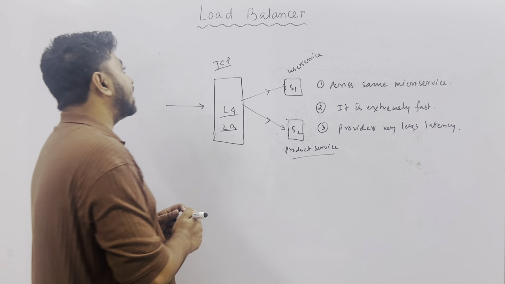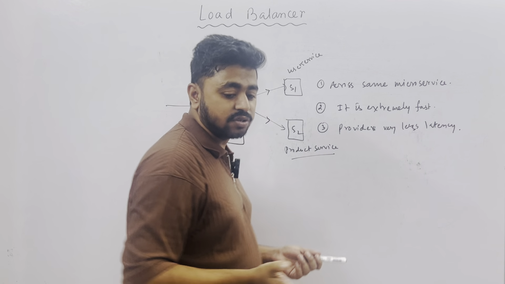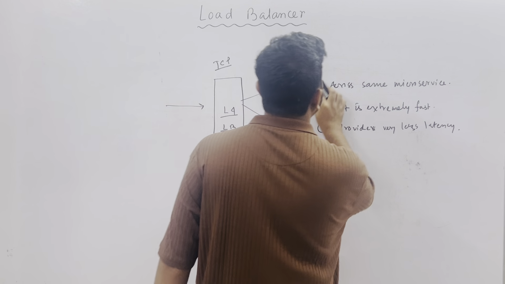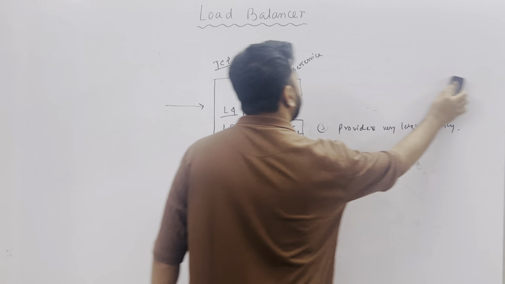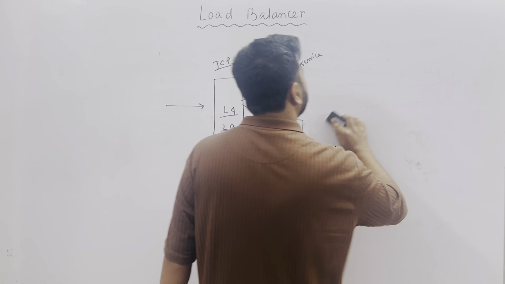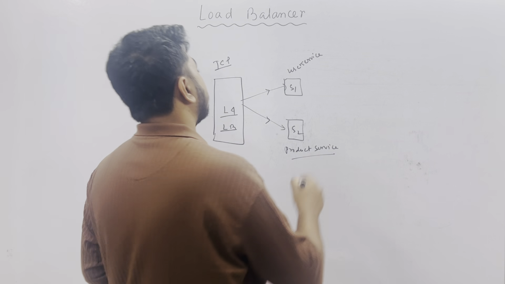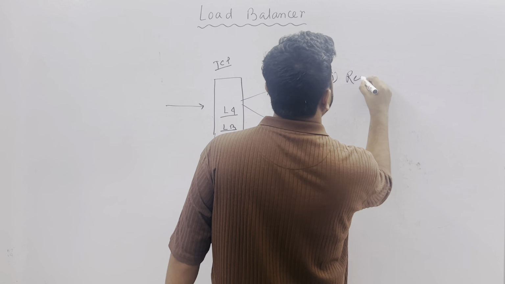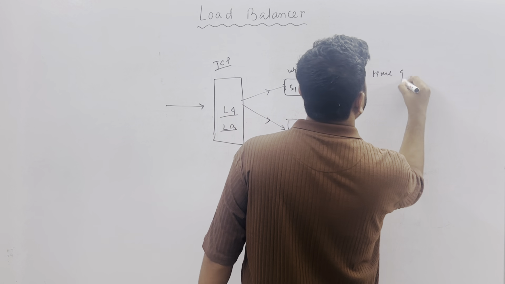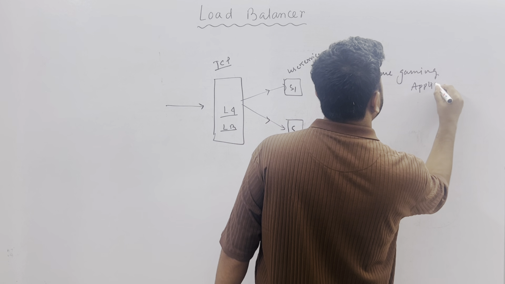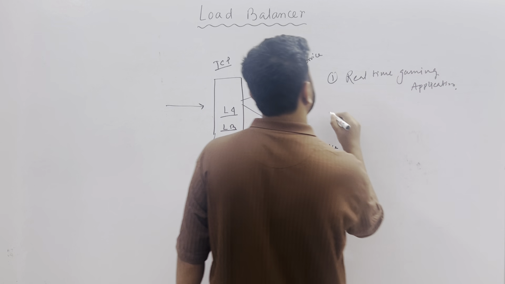So, where exactly does this L4 load balancer get used? Mostly where you need very less latency and very fast processing. For example, real time gaming applications, where you need extremely fast processing.